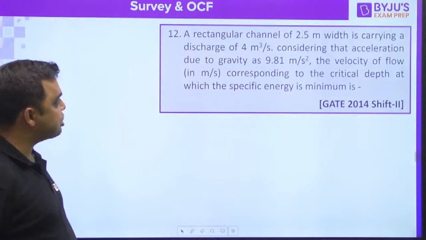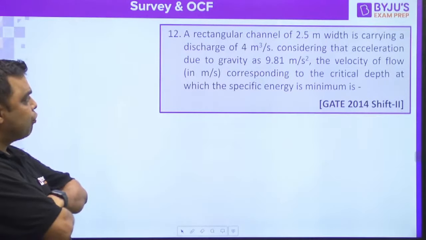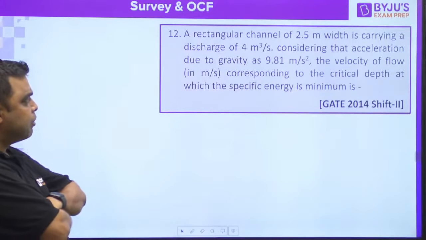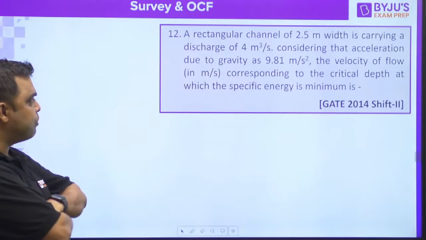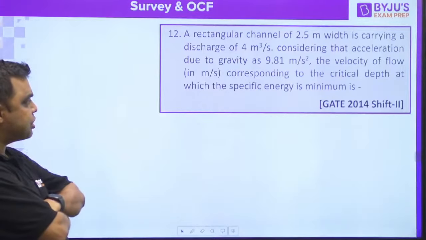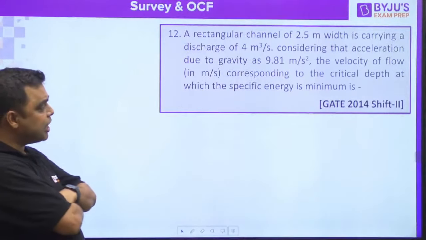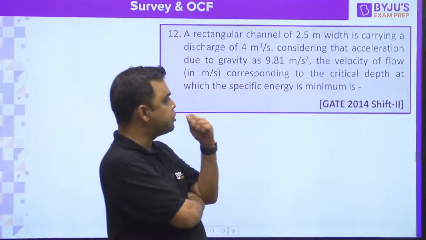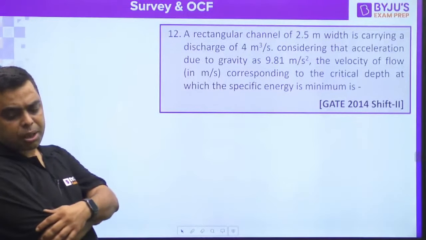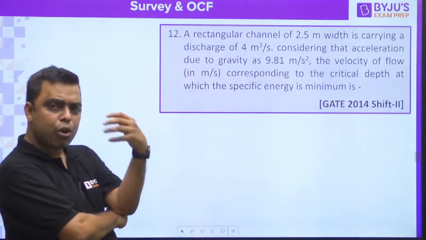A rectangular channel of 2.5 meter width is carrying a discharge of 4 cubic meter per second. Considering the acceleration due to gravity as 9.81 meter per second square, what is the velocity of flow corresponding to the critical depth at which the specific energy is minimum? So we need to determine the velocity of flow. It is told that the depth of flow is critical.